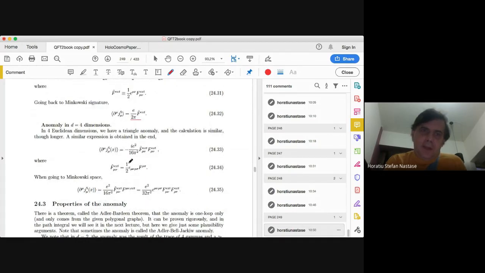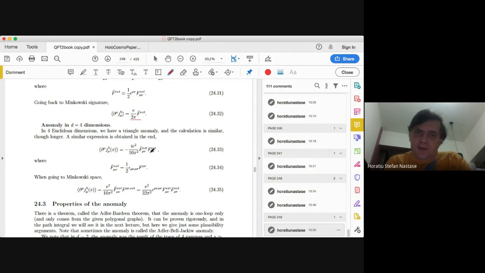And in terms of what you expect, again, you expect the coupling squared, because now you have 2 external vertices for gauge fields, and you expect a gauge invariant combination. This was with epsilon mu nu. This one will be with epsilon mu nu rho sigma.